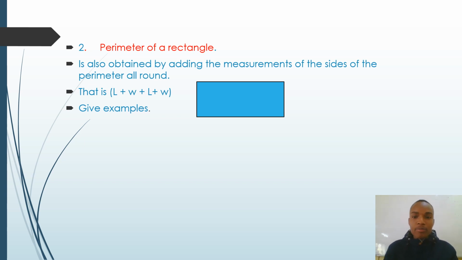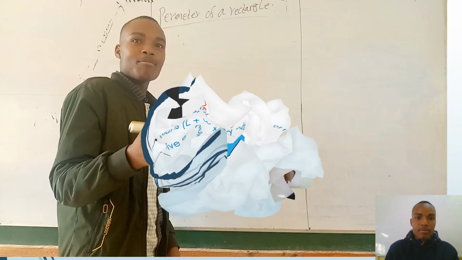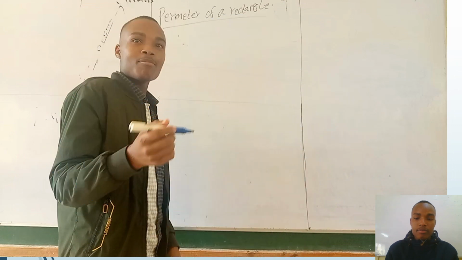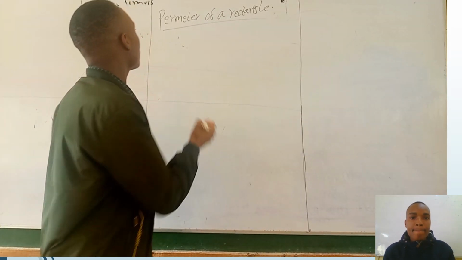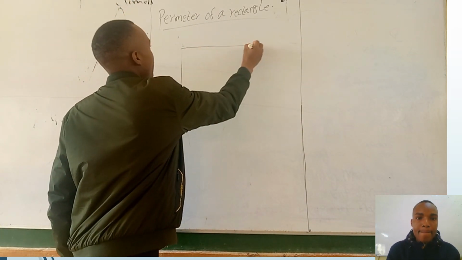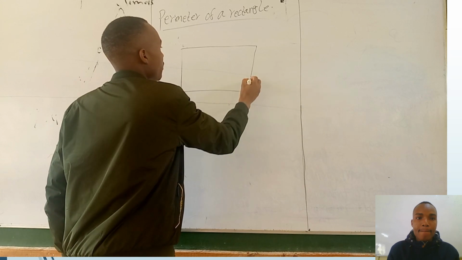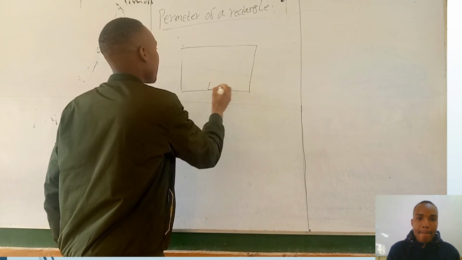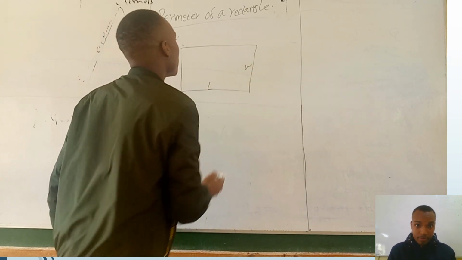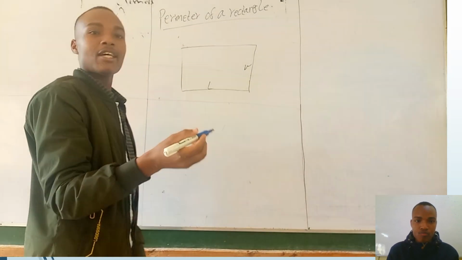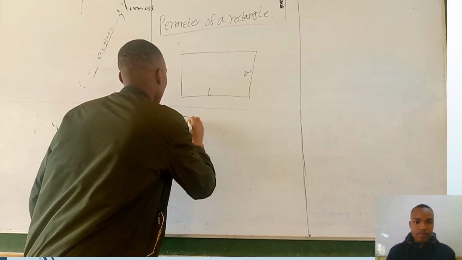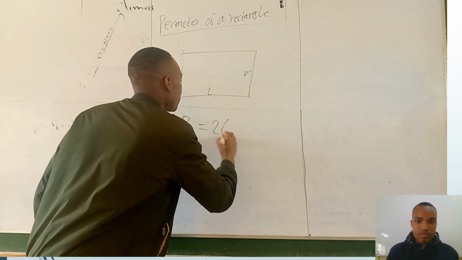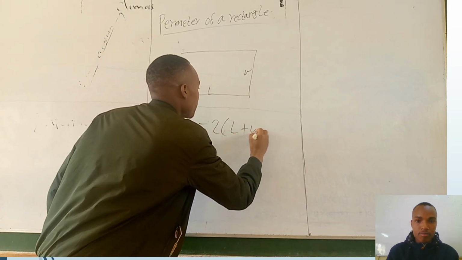For example, we have to find the perimeter of a rectangle. This is the figure of a rectangle with length here and width. To find the perimeter, the formula is perimeter equals 2 into length plus width.